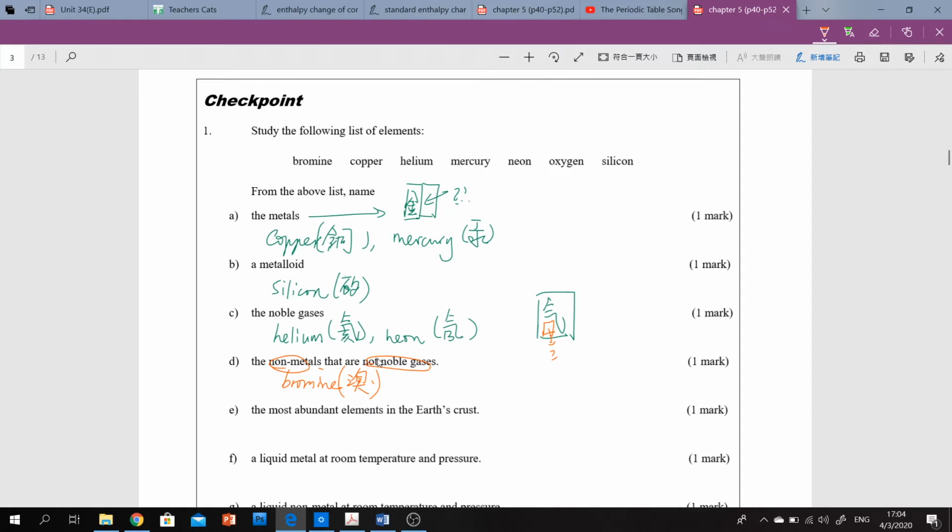Next, the most abundant elements in the earth crust. Most abundant means the mostly found. Do you know what's rank number 1? It is oxygen. The second rank is silicon.